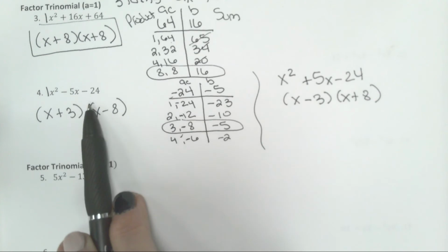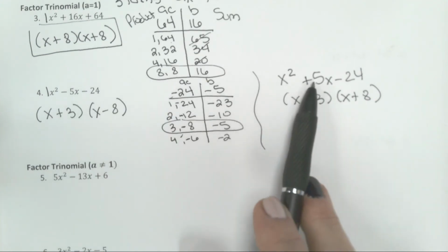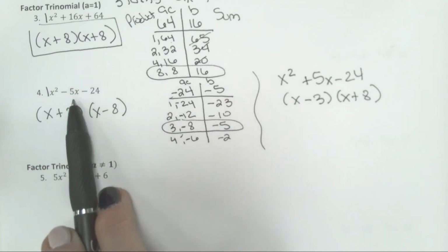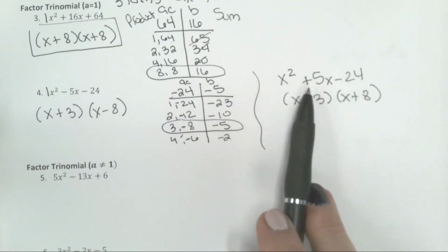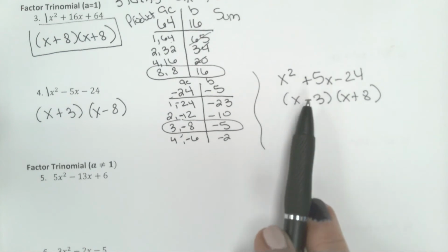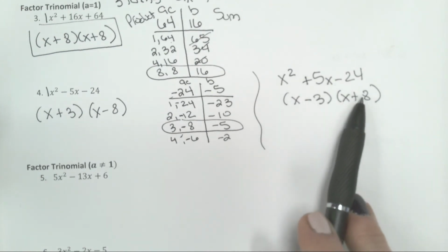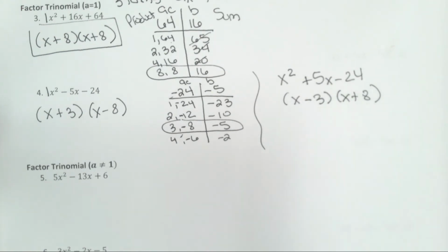These two problems are very similar, but the middle term, one of them adds up to negative 5 and one of them adds up to positive 5. So you have to pay attention to what your sign is so that you put your plus and your minus on the correct term.